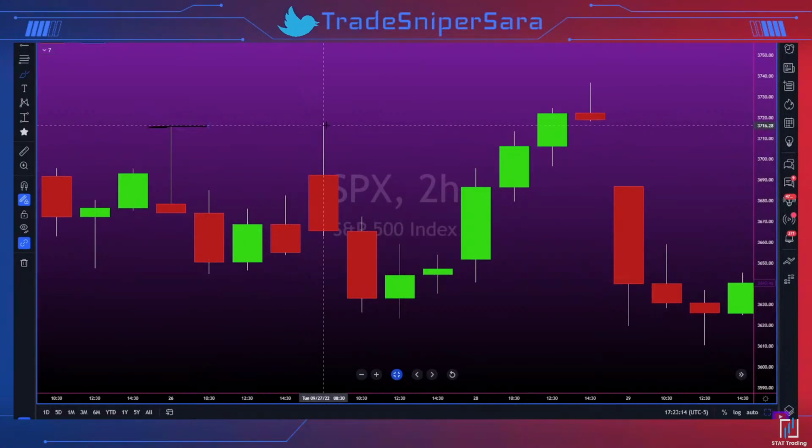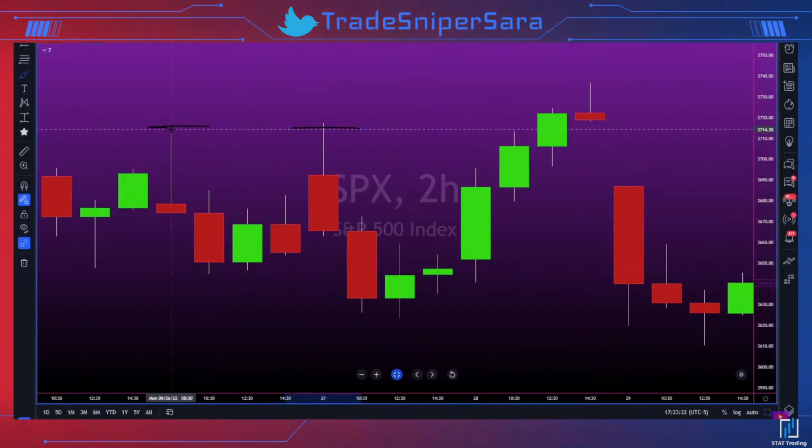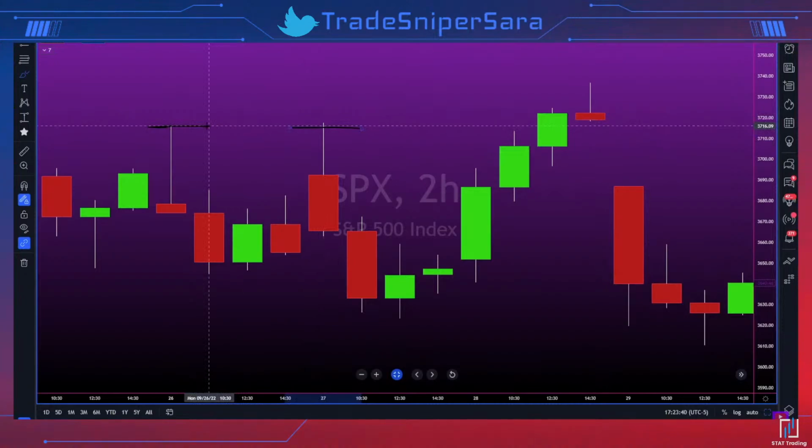So the goal is to take out that pivot high. Once it does, it takes it out, but it won't just stop right there. It might go a little bit higher. So this is your slight higher high compared to this previous high. And then that puts you at exhaustion risk to the upside because you took out your target objective.